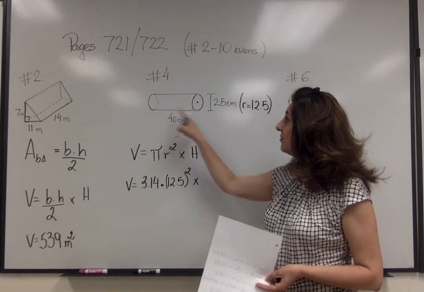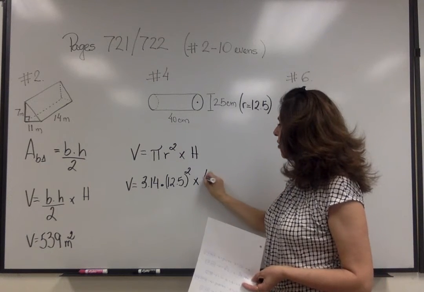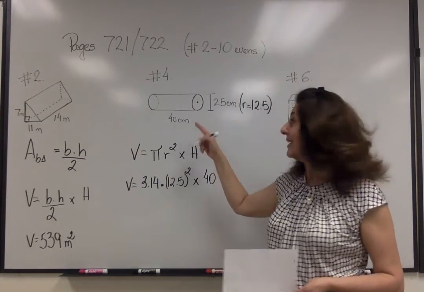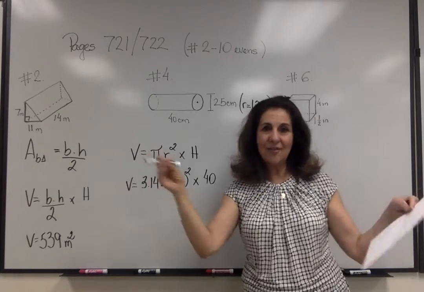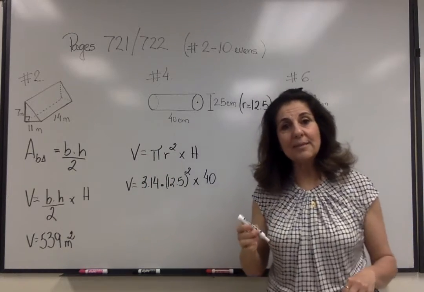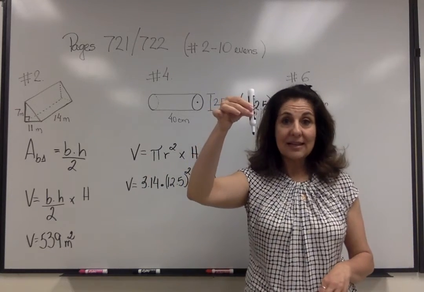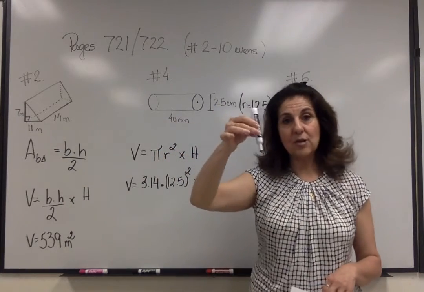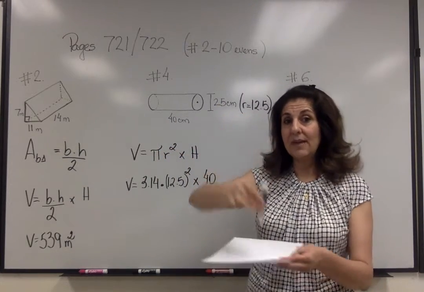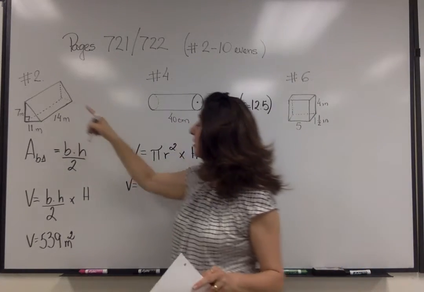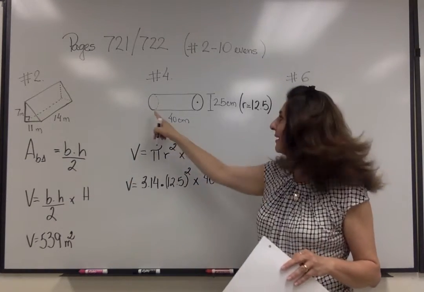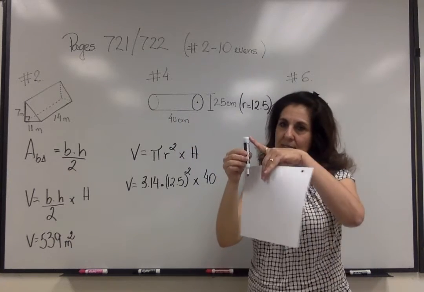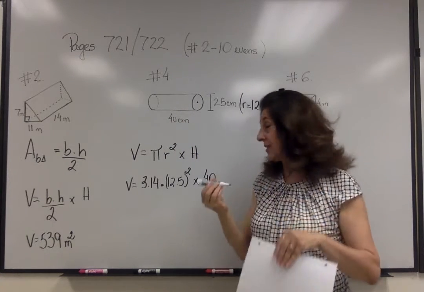The height of the cylinder here is 40 centimeters. So when we see a drawing that doesn't look like height, it's laying flat. So we have to always imagine the base down. So just like we did with the triangle, we had the base down. The height is this part here. For the cylinder, same thing. The height is this part over here, which is this part over here of the cylinder.